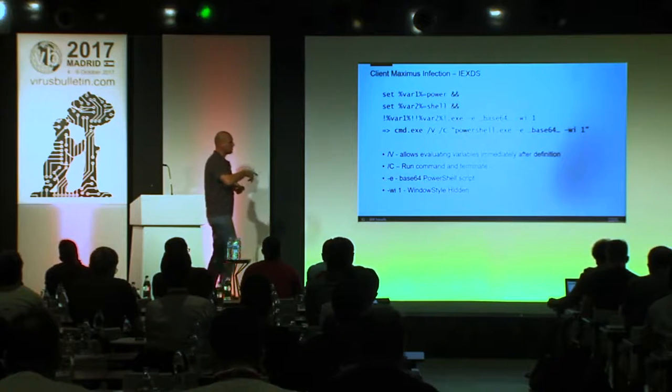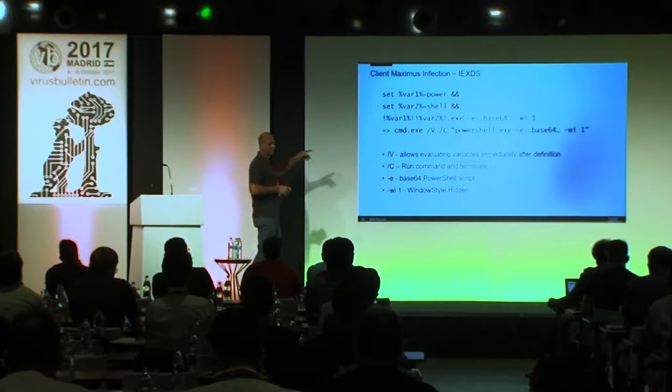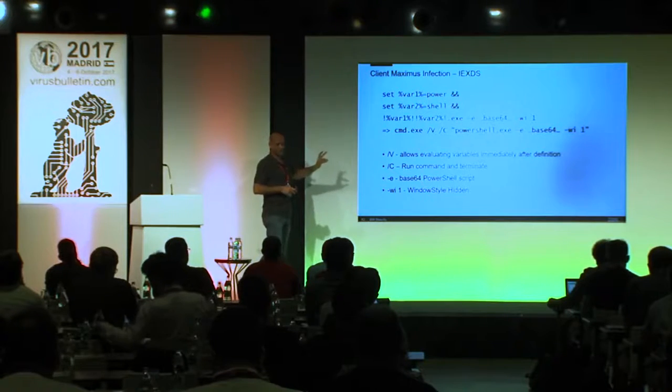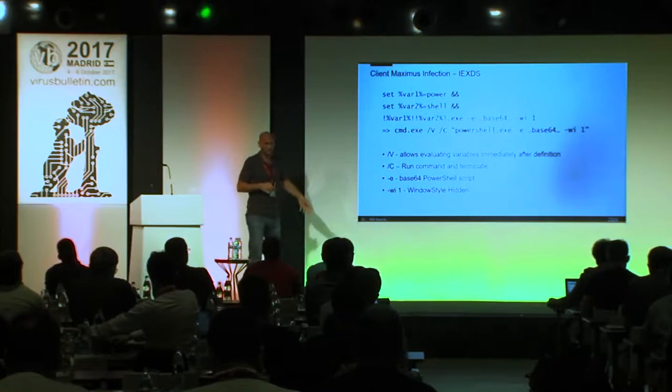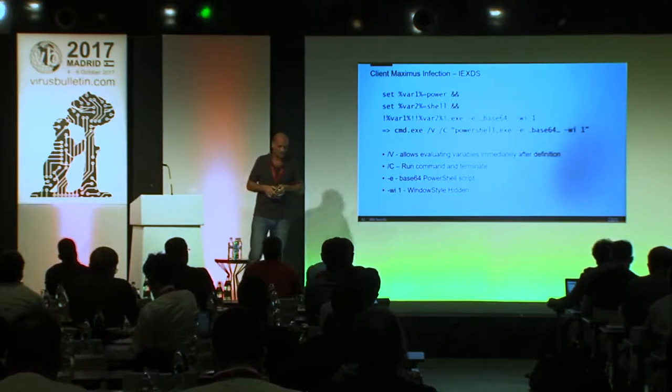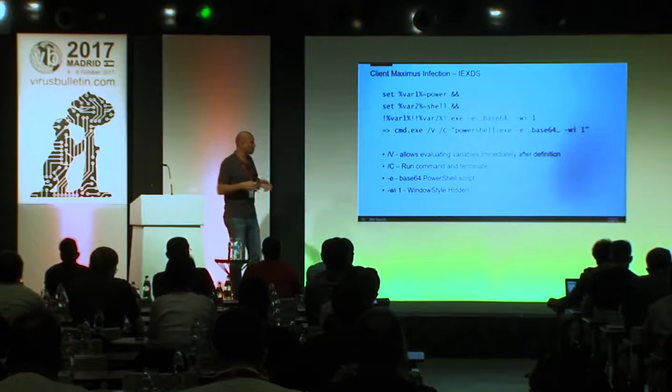So that's exactly what it does. This is the exclamation mark on the third line. You can see that it basically creates the string PowerShell. So that's the first obfuscation technique used in order to bypass anything that looks for the string PowerShell.